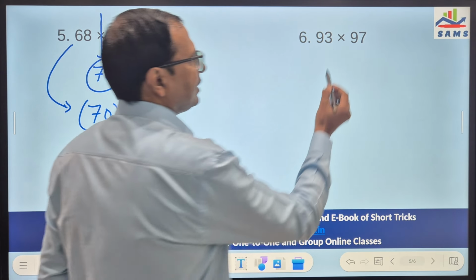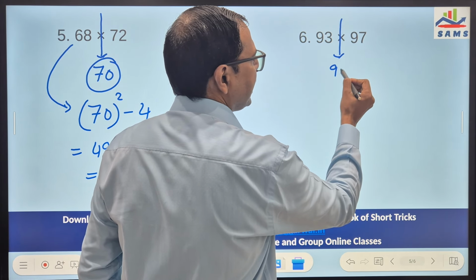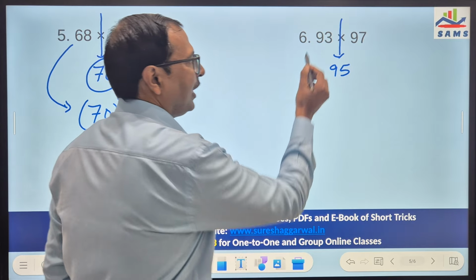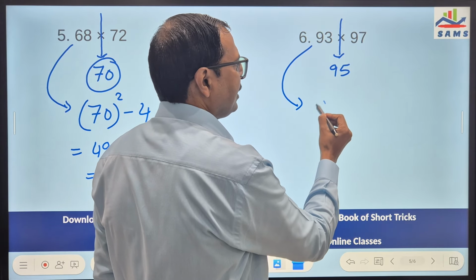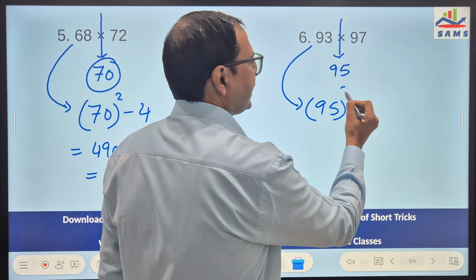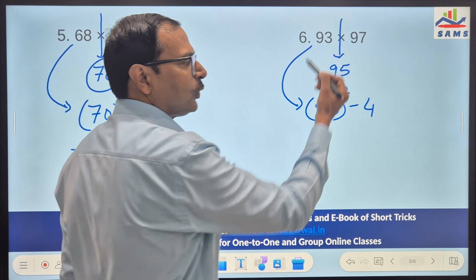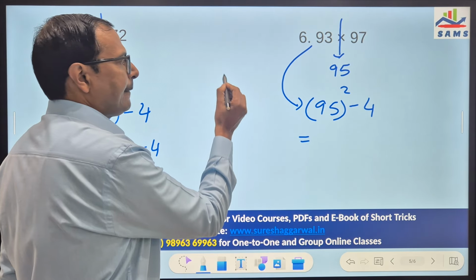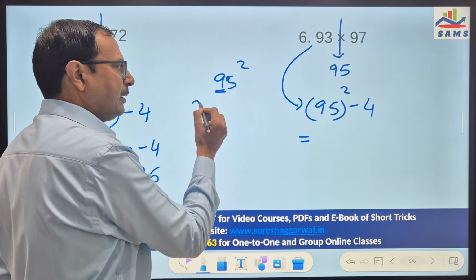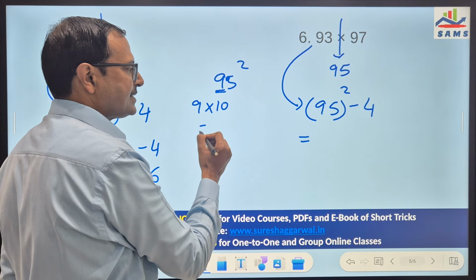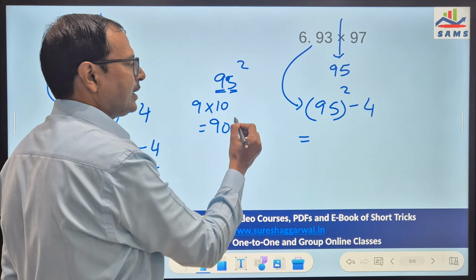One more question. Here we have the middle number as 95. So I know how to square 95 using the Vedic maths. So the product will be 95 square minus 4 because the difference is 4 here. 95 square can be done using Vedic maths. 9 multiplied by 10 is 90 and 5 square is 25.